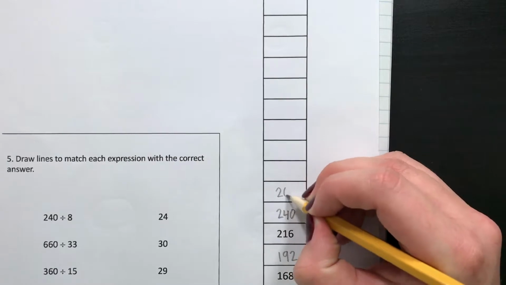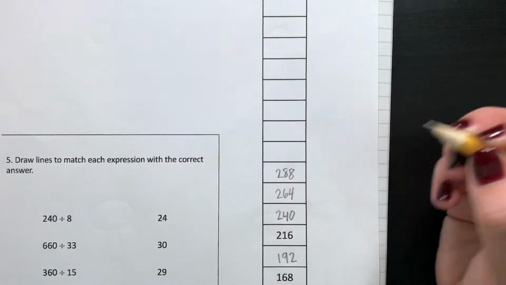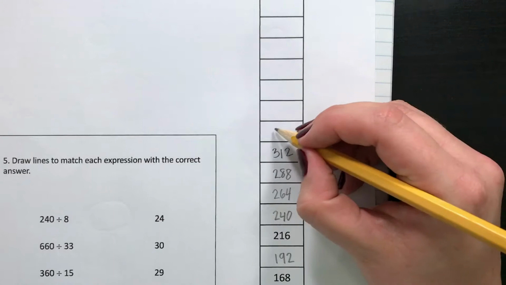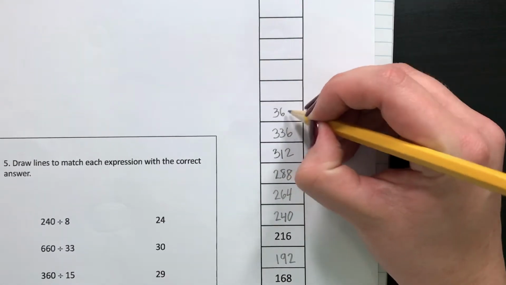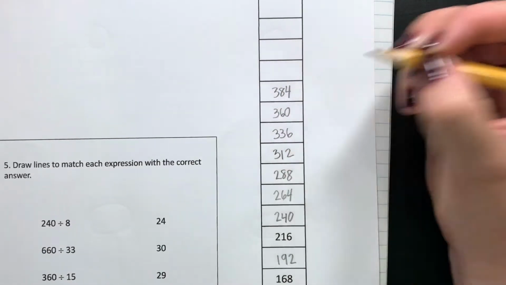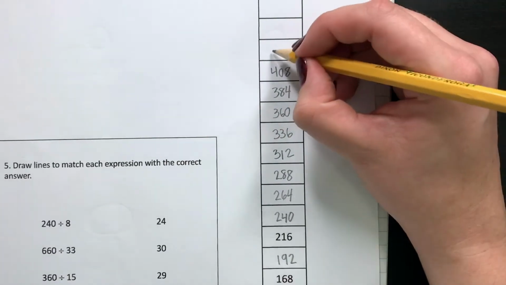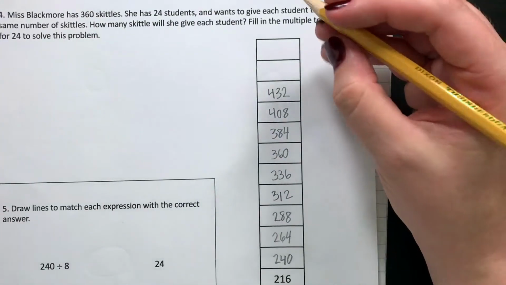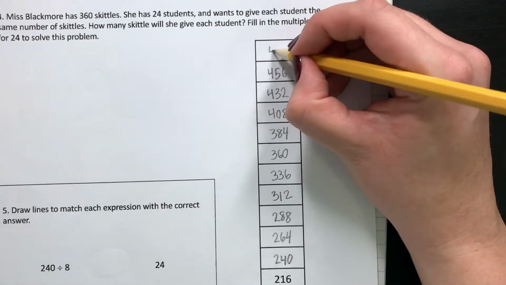We have 264, 288, 312, 336, 360, 384, 408, 432, getting to the top here, 456, and then the last one is 480.